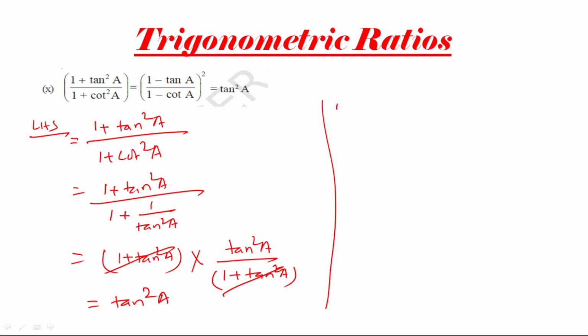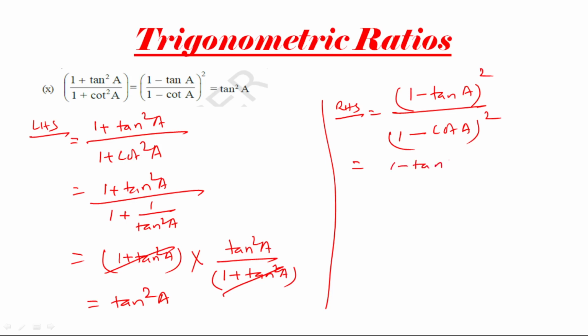Now again in the RHS, 1 minus tan A whole square by 1 minus cot A whole square. Right. So this also we can do. Simply 1 minus tan A whole square, we will not change it, and here it will become 1 minus 1 by tan A whole square.